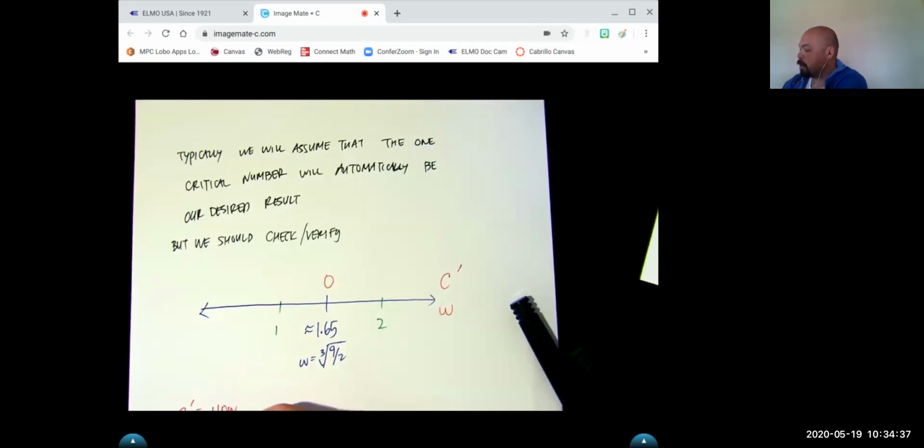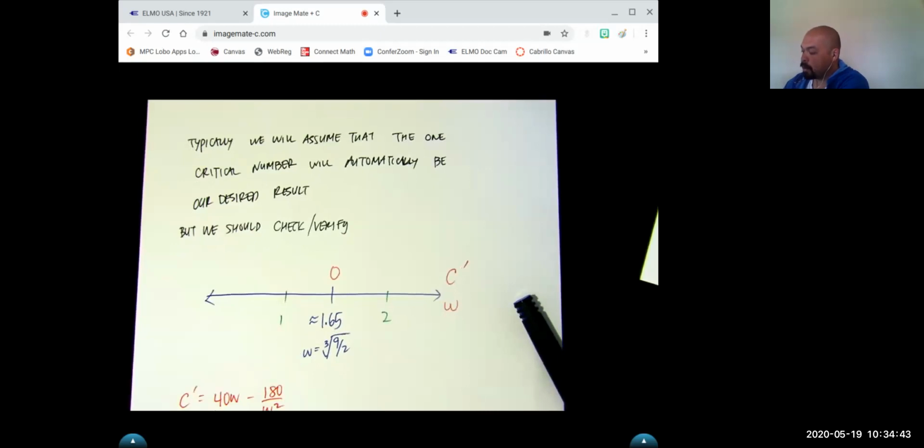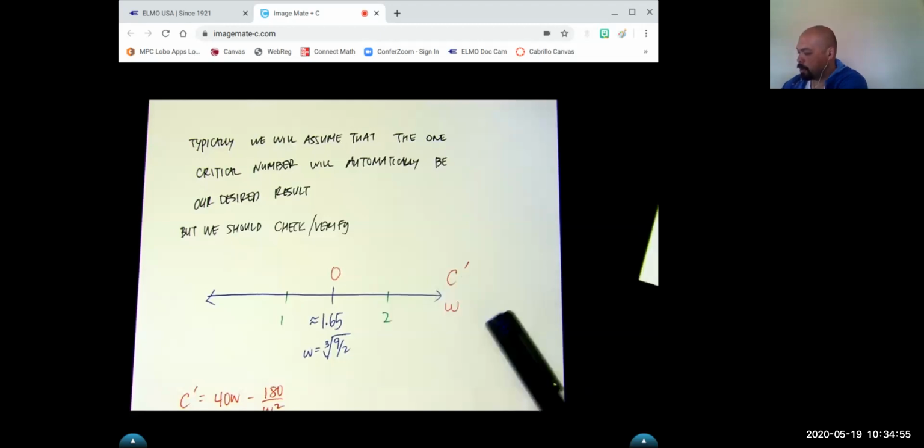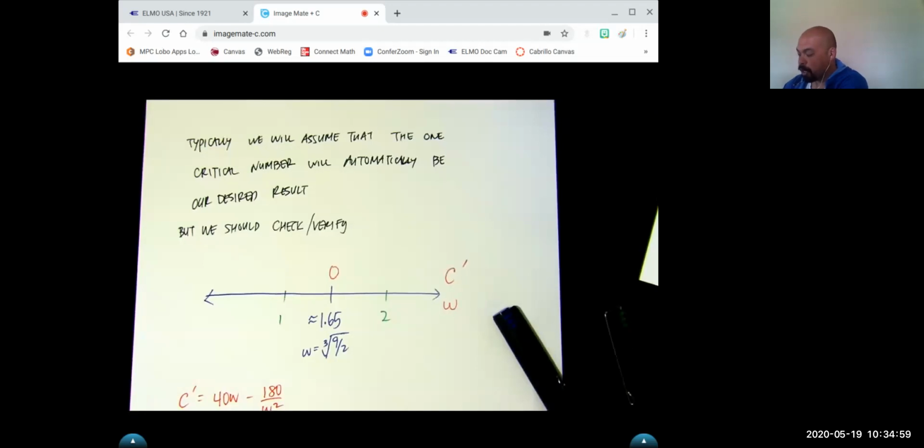So for our derivative, it looked like 40w minus 180 over w squared. So when that width is 1, our derivative is 40 times 1 minus 180 divided by 1 squared, which looks like 40 minus 180, which of course is negative.